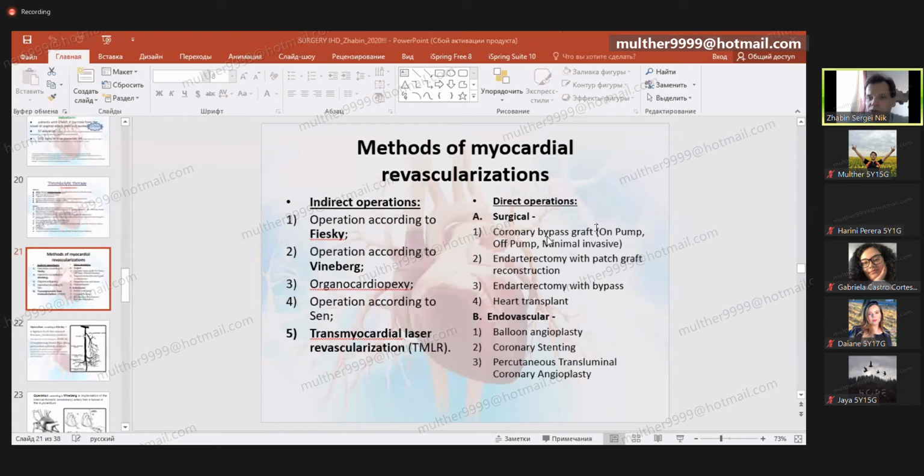Endarterectomy with sponge graft reconstruction, endarterectomy with bypass, and even heart transplantation. And mini-invasive endovascular methods of treatment: balloon angioplasty, coronary stenting, and percutaneous transluminal coronary angioplasty.